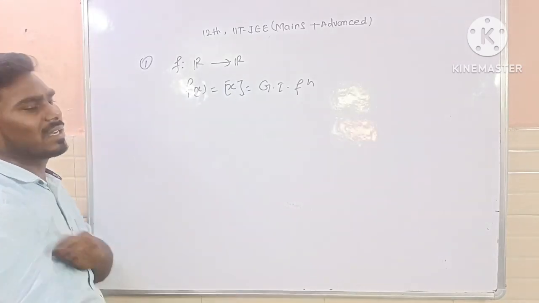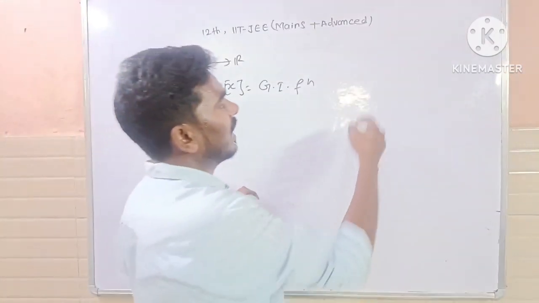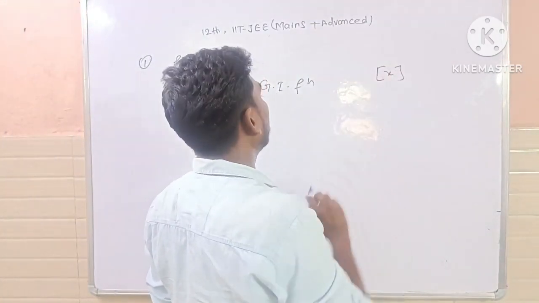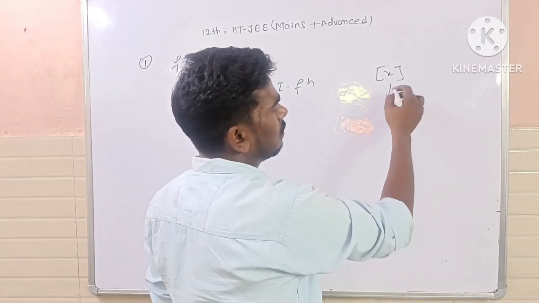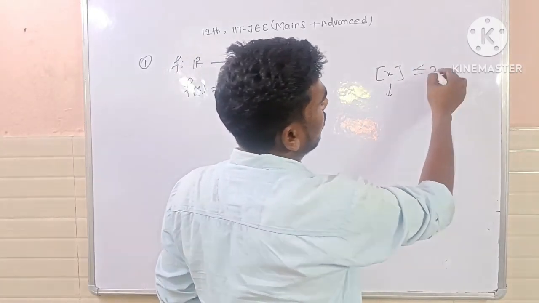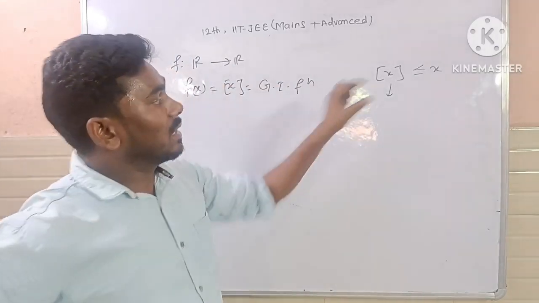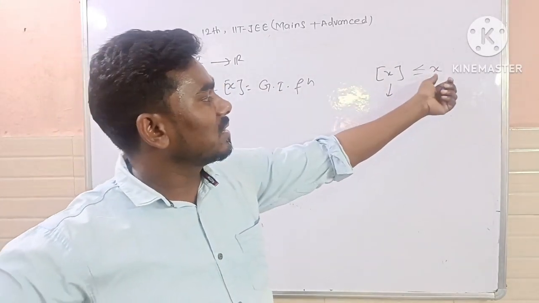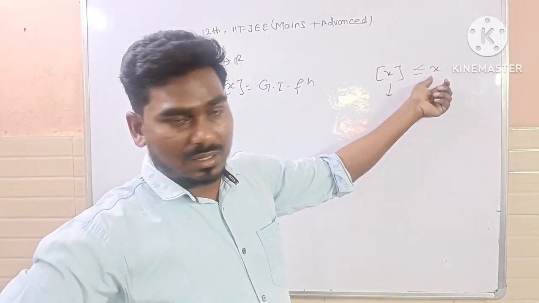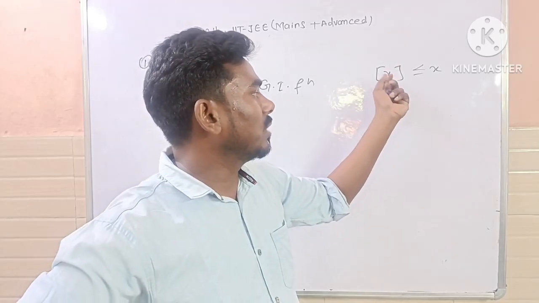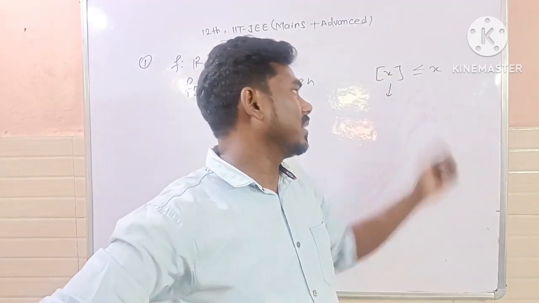So how does the greatest integer function behave? You must be very clear on this. It always gives the greatest integer less than or equal to the actual value. The value can be fractional or an integer.